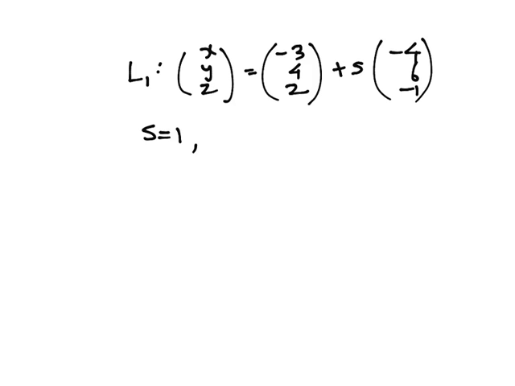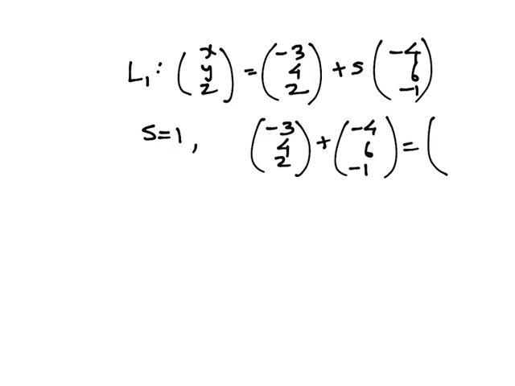Then you get minus 3, 4, 2 plus minus 4, 6 and minus 1, which adds up to minus 7, 10 and 1. So one point is minus 7, 10, 1.